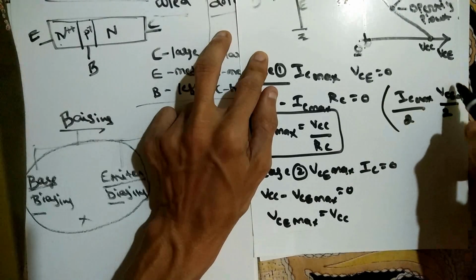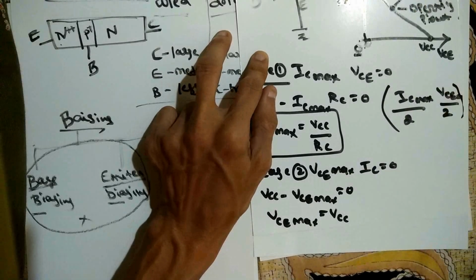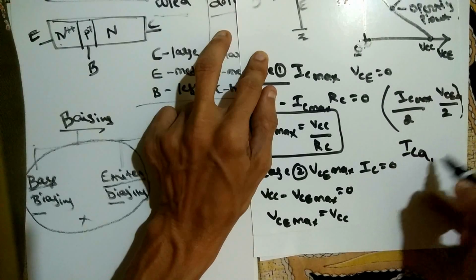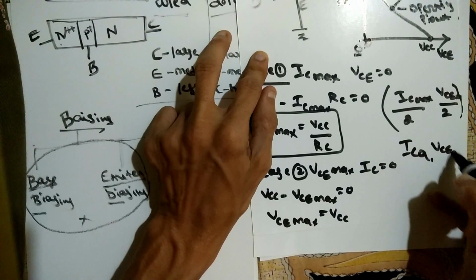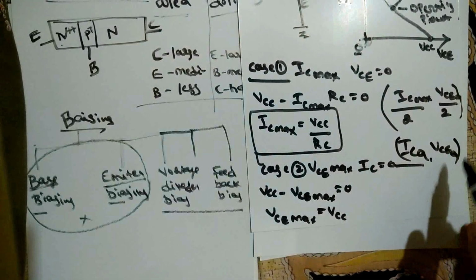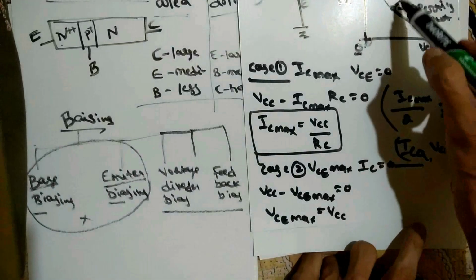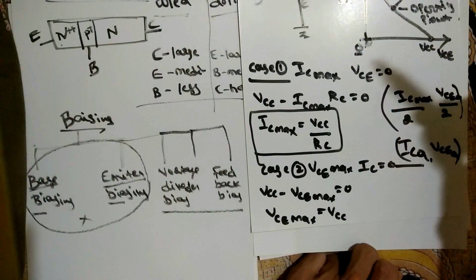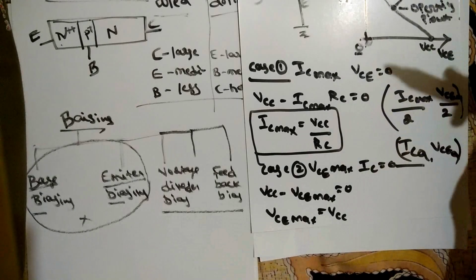We call this operating point ICQ and VCEQ, so this middle operating point makes the transistor operate as an amplifier in the active region.